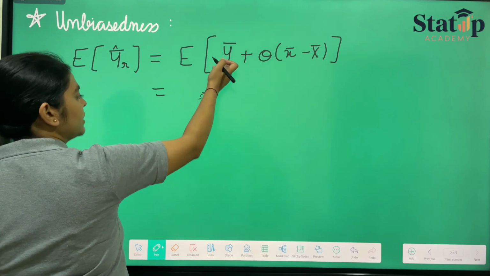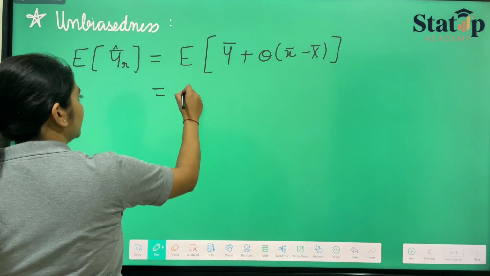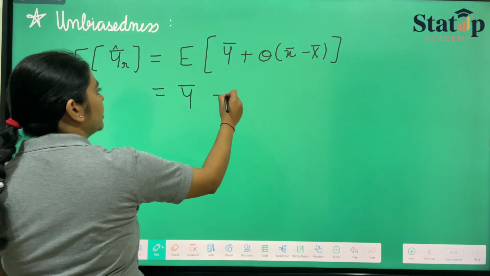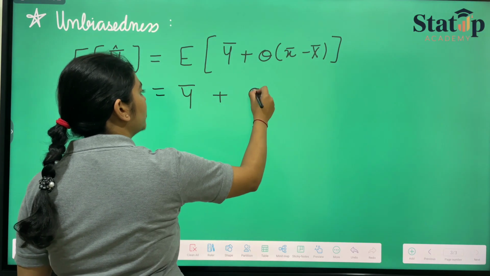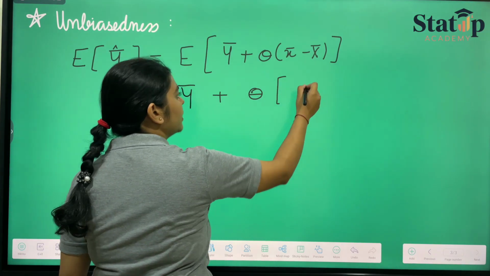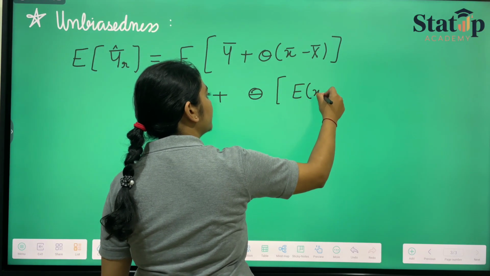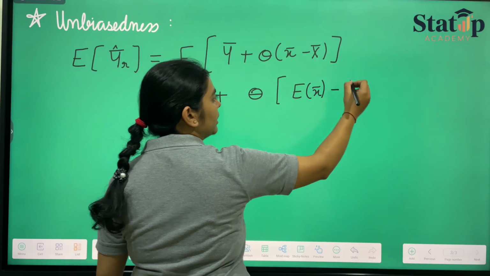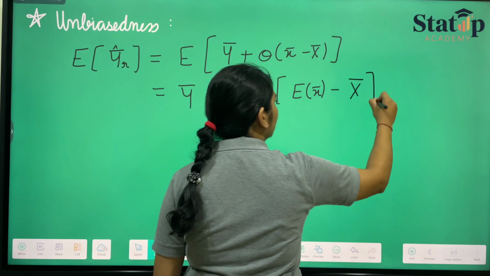Now we know that estimation of population mean is population mean only, so it will be y bar. Then theta is constant, it will come out, and we are left with estimation of small x bar, and estimation of capital X bar is capital X bar only.